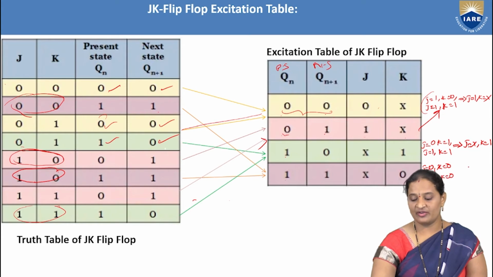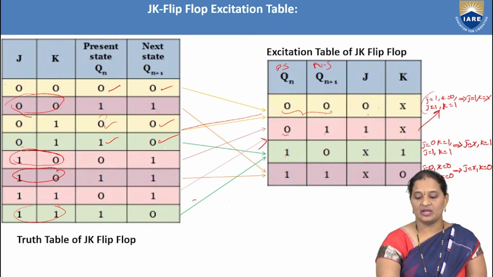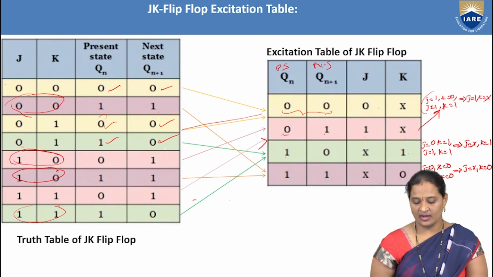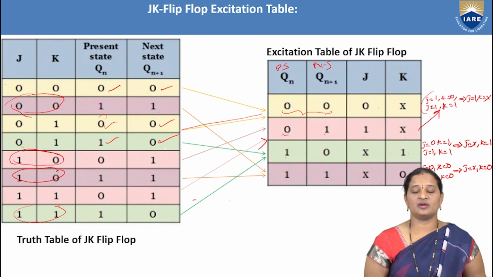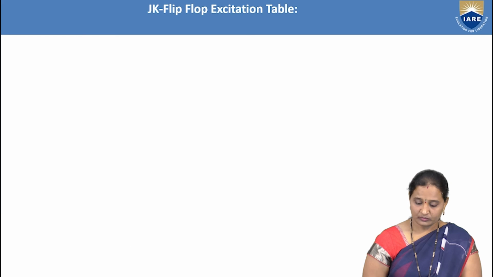As the j value is varying, I can write j as don't care and k value is common, which is 0. So that is don't care, 0. So 0 don't care, 1 don't care, 1 don't care, 0. Remember always, don't care indicates it can be either 0 or 1.